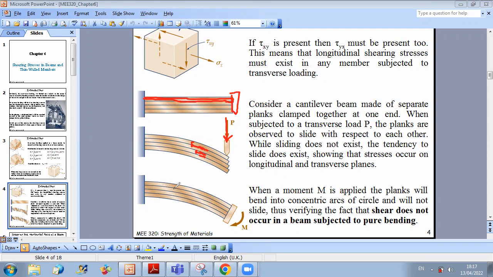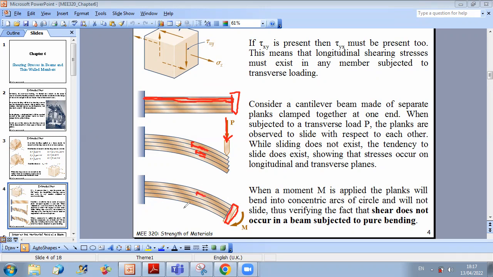However, in the following figure, when you adhere all planks together, the tendency to slide will be opposed. And this opposition will be by development of shear stresses to oppose the sliding effects between the different planks.